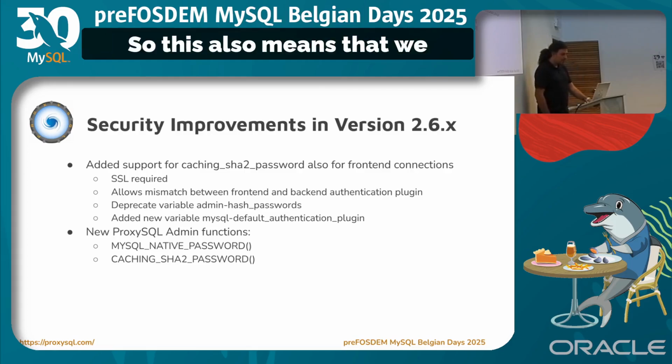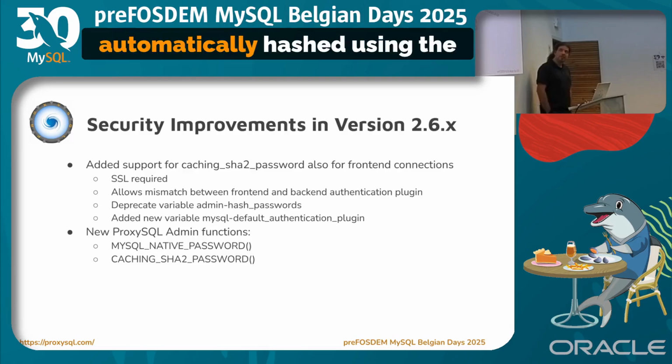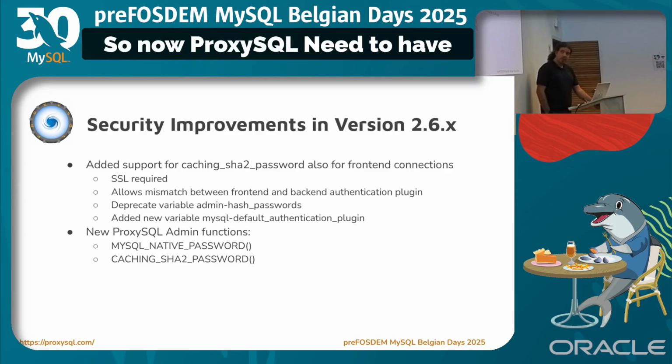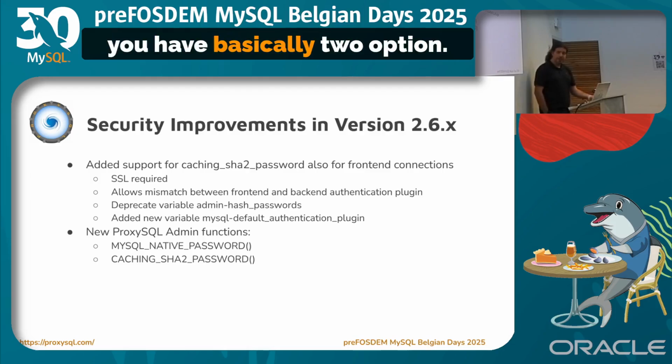This also means that we deprecate one variable, admin hash password, because now the passwords are not automatically hashed using the MySQL native password, but instead they are hashed in whatever format you are using. If we want to use caching SHA-2, you have basically two options.